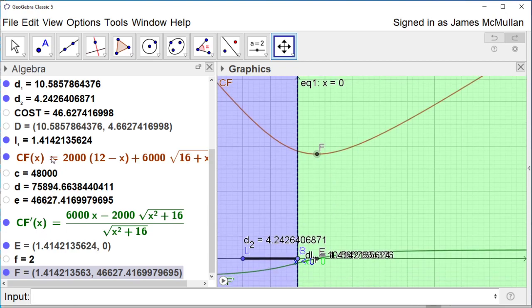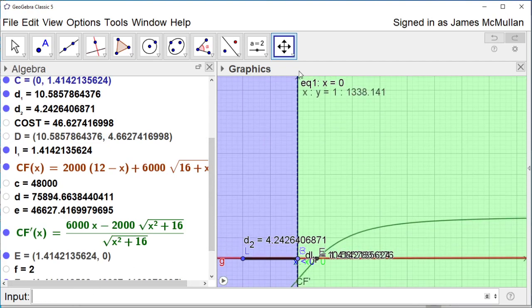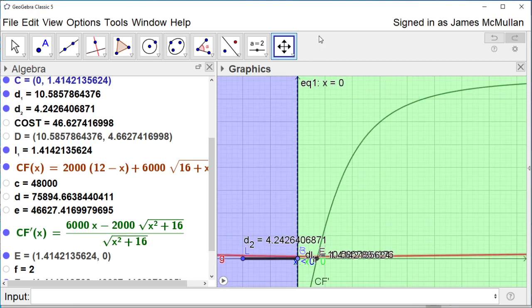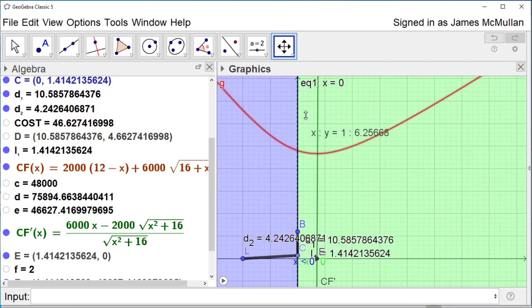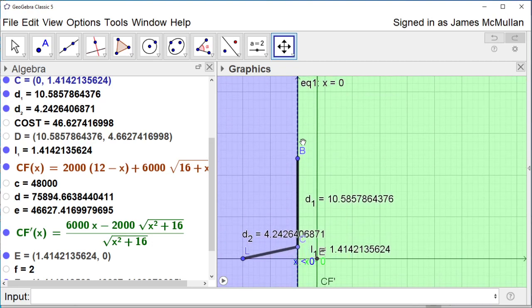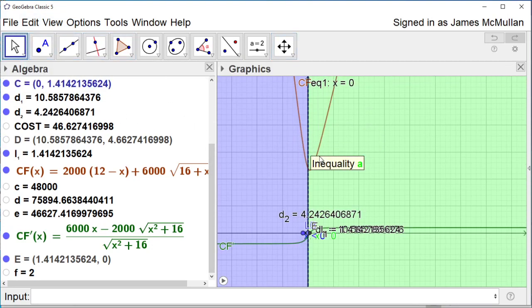So if I draw CF here, let's draw CF over 1,000, so we can compress it so we can actually see it on the scale that we're working with.